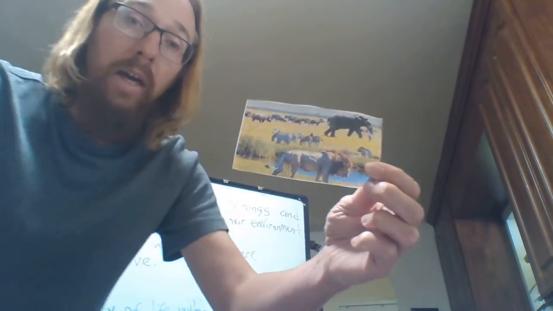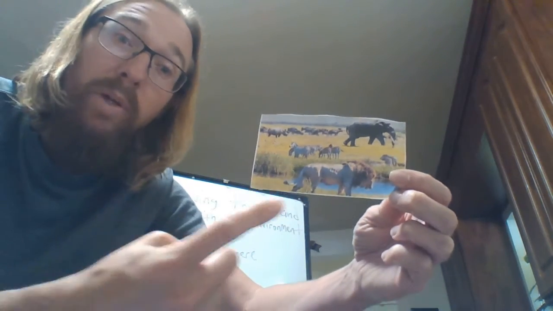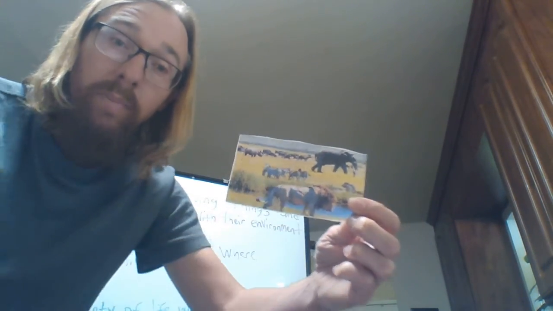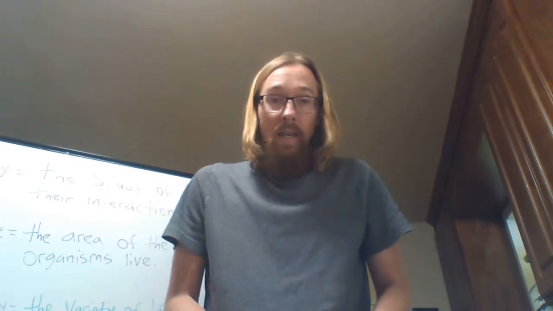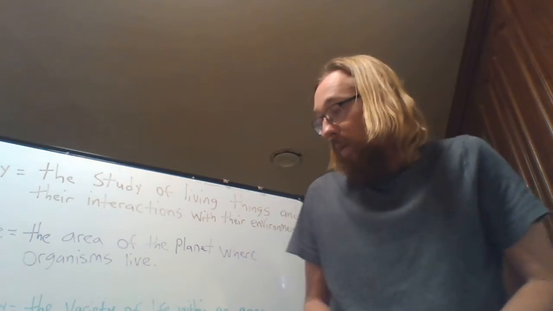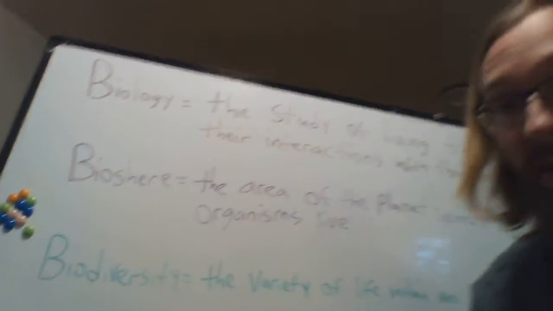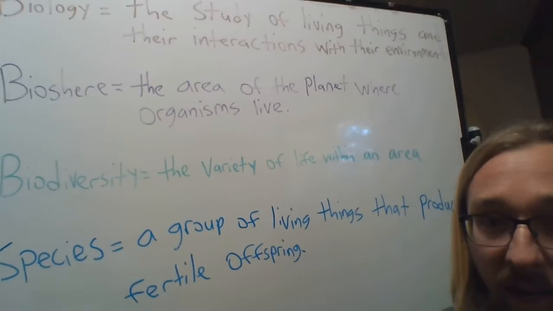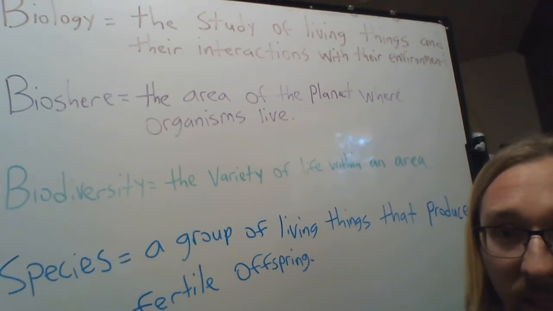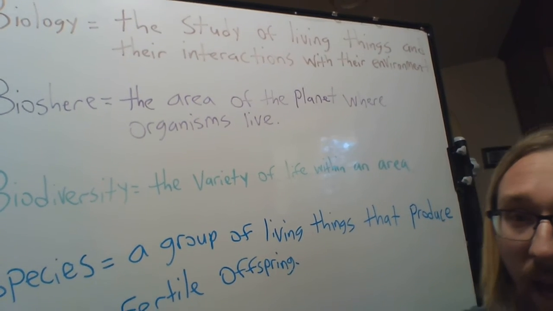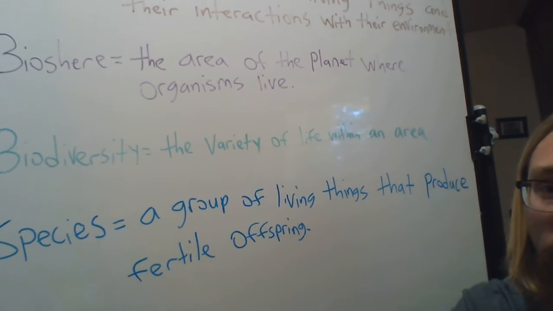Now, within this variety of animals are particular species of animals. So what is a species? A species is a group of living things that produce fertile offspring. Take a look at the definition here, and I'm sorry the camera's not great, but a species is a group of living things that produce fertile offspring.